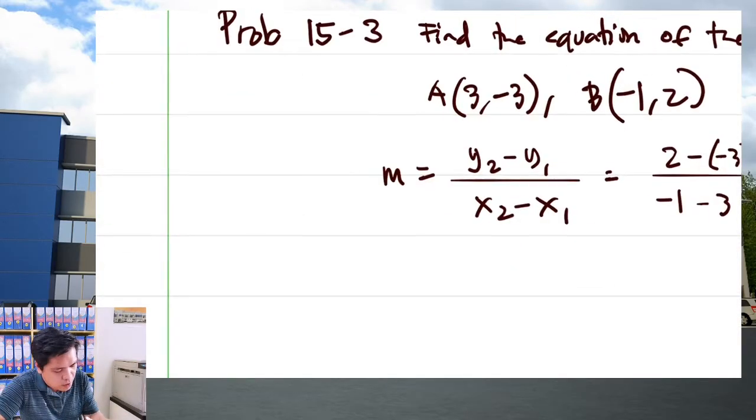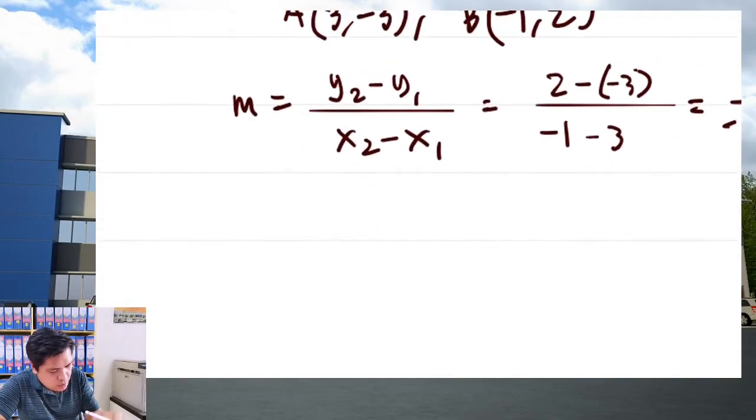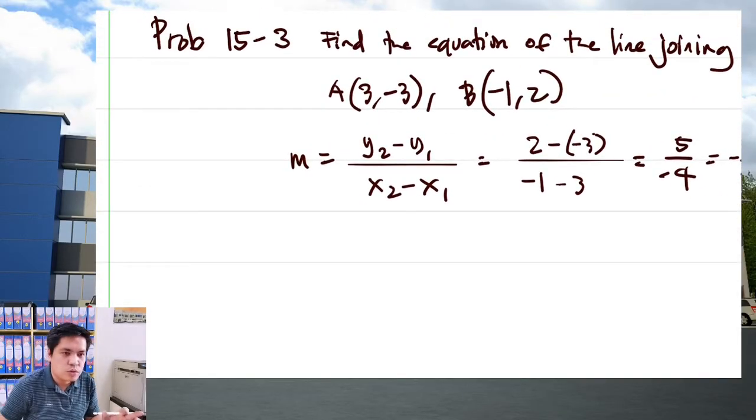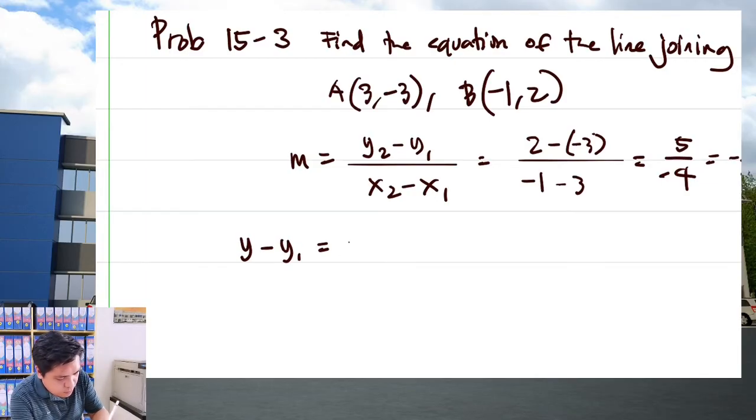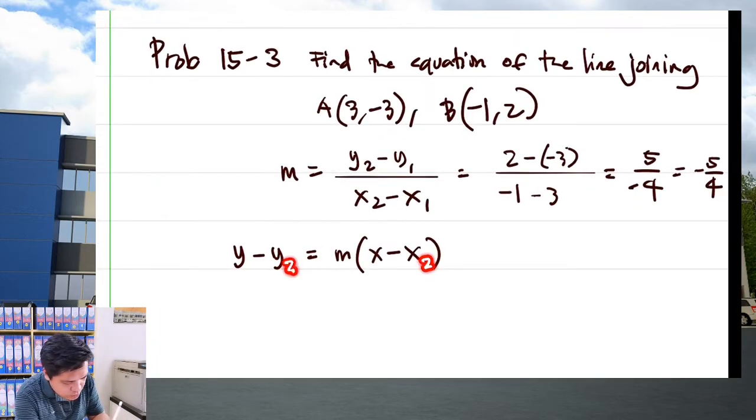Okay, we are using the point slope form. Ganito lang gagawin natin. Instead of using y2, you can just use y1. You can just change y2 to y. So y minus y1 equal to m times x minus x1. Pwede din naman na this is y2 and this is x2.